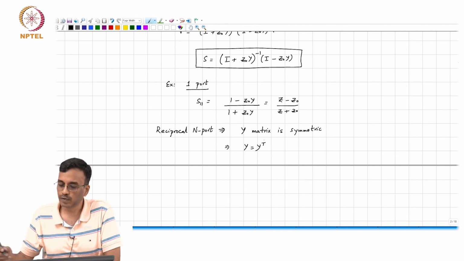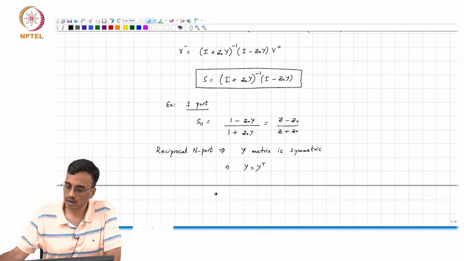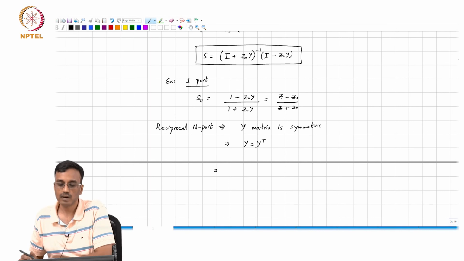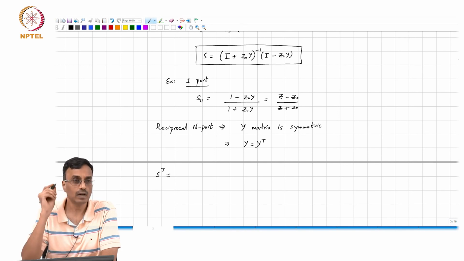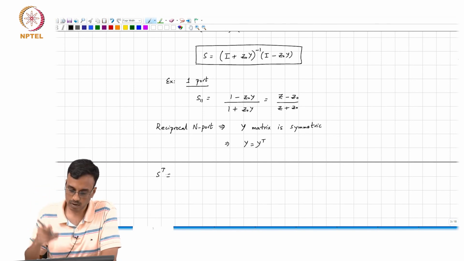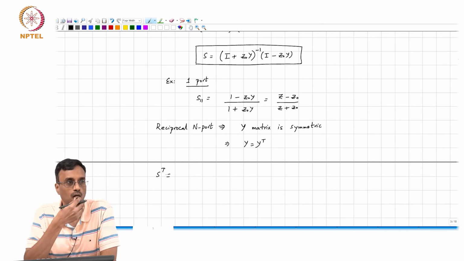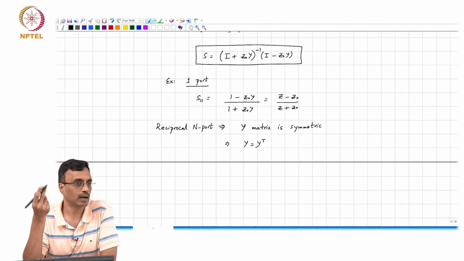So what does that mean as far as the S matrix is concerned? Remember, S is given by this expression. So what is S transpose? Or rather, if you replace Y with Y transpose here, what do you think you will get?